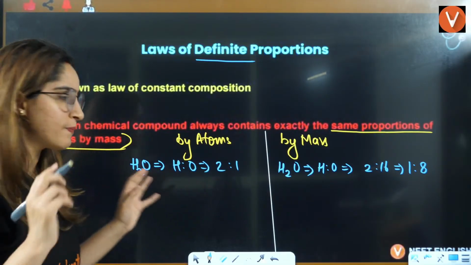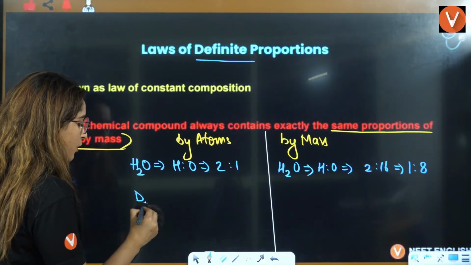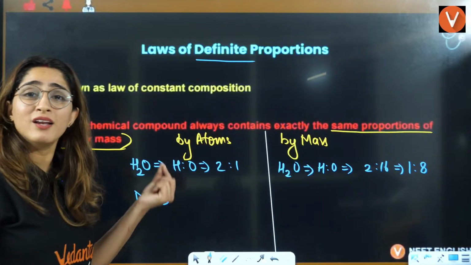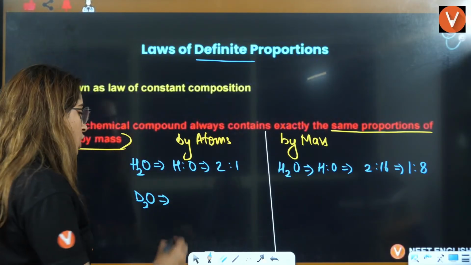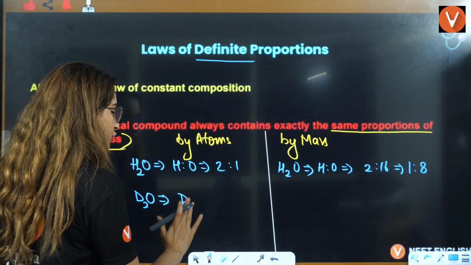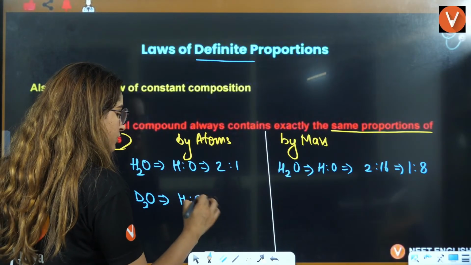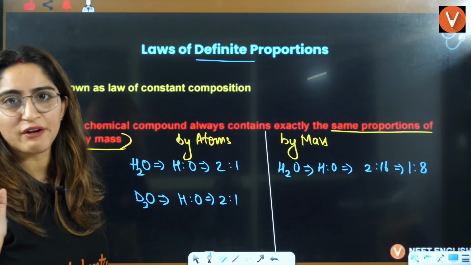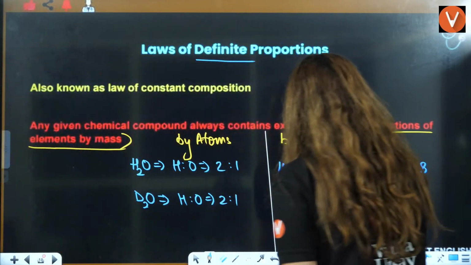But let's say I am talking about D2O, heavy water, right? We also call deuterium hydrogen. If you take it as an isotope of hydrogen, hydrogen to oxygen by atoms is 2:1. But by mass it will change.